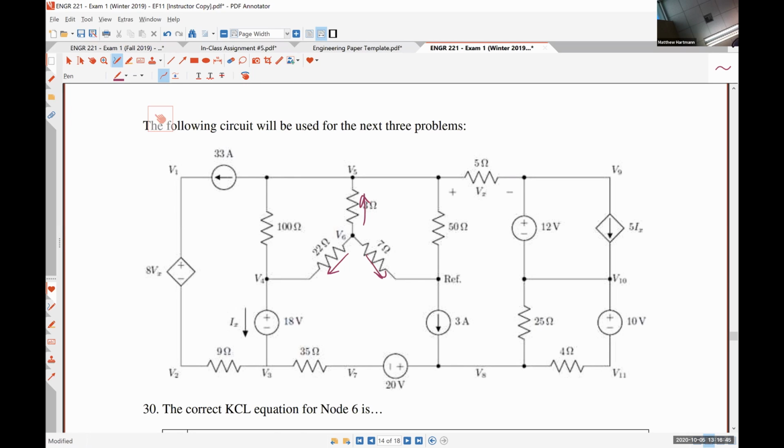Starting with the one diagonal to the left, that's V6 minus V4 over 22. Next up, V6 minus V5 over 3. And then lastly, diagonally down to the right, V6 minus the reference, which is ground, over 7 is equal to 0.